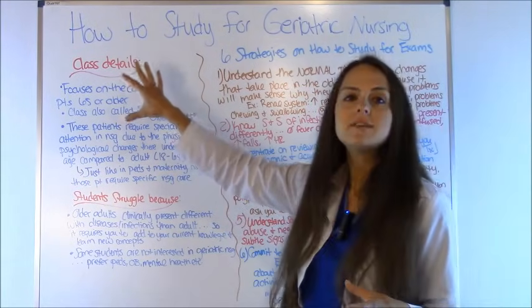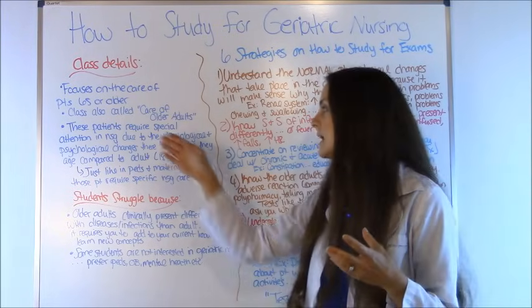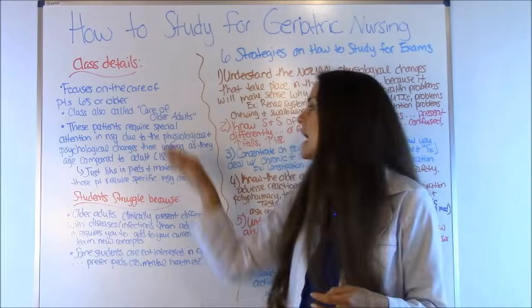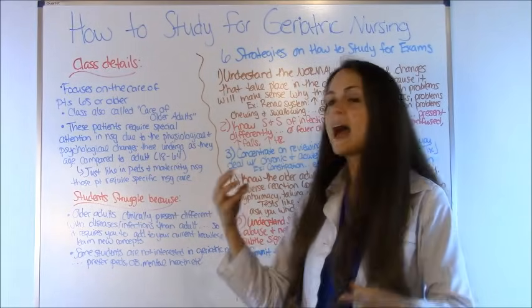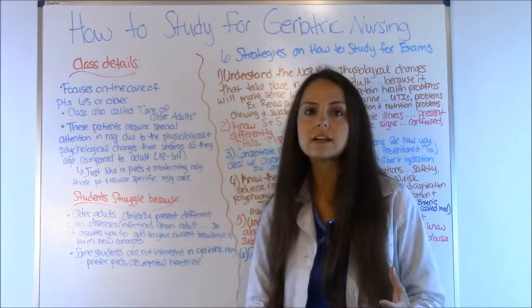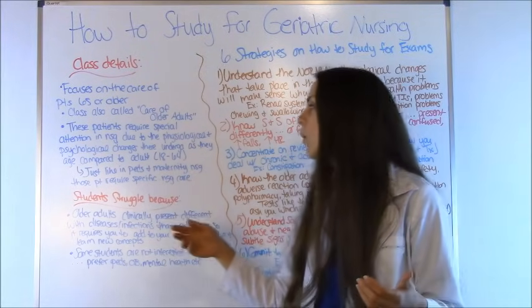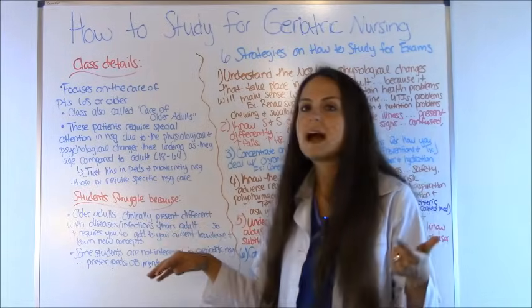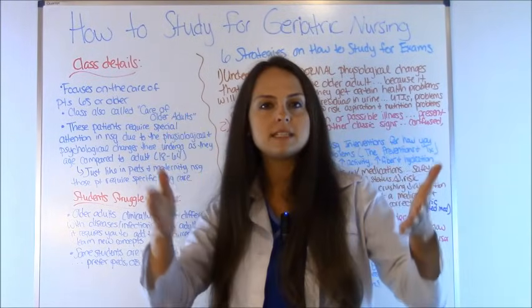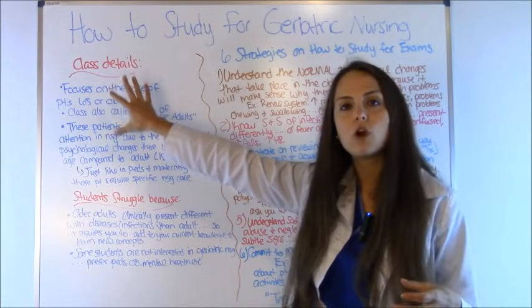And these specific patients require special attention in nursing because they are undergoing psychological and physiological changes that an adult who is about 18 to 64 isn't necessarily going through. So just like in your pediatric class and your maternity class, we have to provide specific nursing interventions and care to them. And this is the same thing with our older adults.